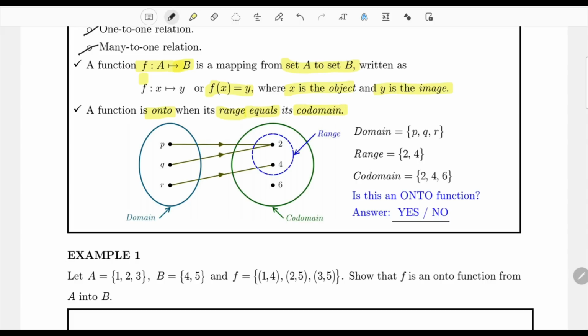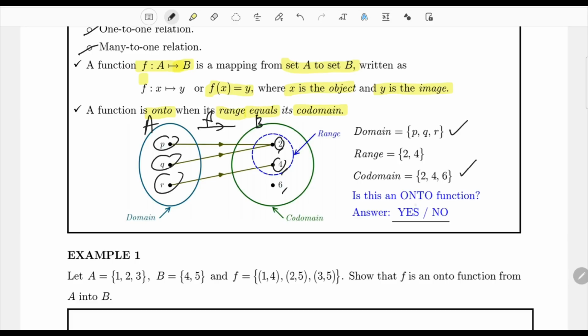If you look at the bin diagram here, this is your set A, and this is your set B. Elements of set A are the domain, so we have P, Q, and R. The codomain is all elements in set B: 2, 4, 6. But the range is the values that we get under the function. When we map from set A to set B, we have only 2 and 4.